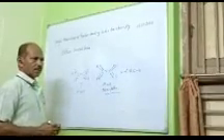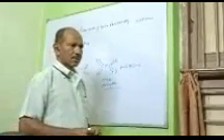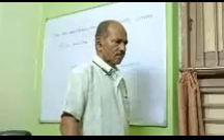Only because of this C-Cl bond, in this case mu is not equal to 0. This cancels this, but this and this are added. So mu is not equal to 0. That's why chloroethene is polar. How to understand whether mu is 0 or not 0?